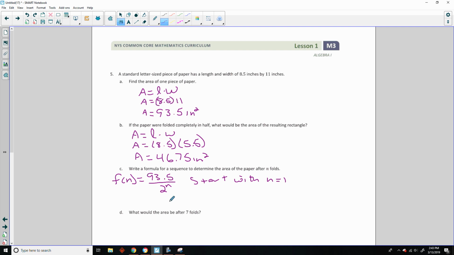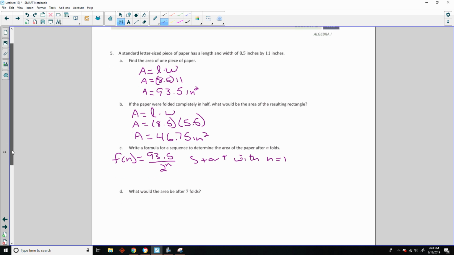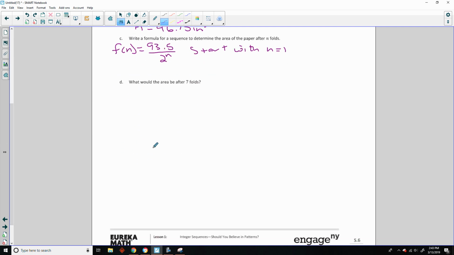Okay, what would the area be after 7 folds? So we have f of 7 would equal 93.5 divided by 2 to the 7th, which equals 2 times 2 is 4, times 2 is 8, times 2 is 16, times 2 is 32, times 2 is 64, times 2 is 128.